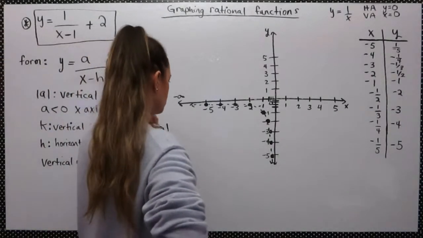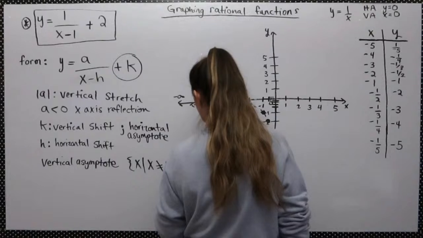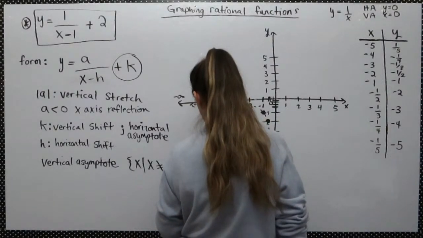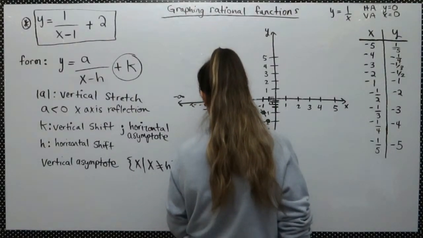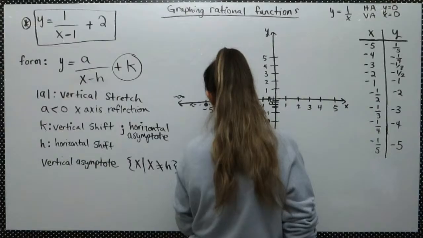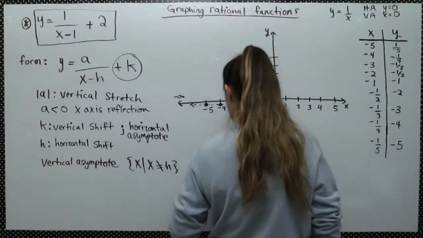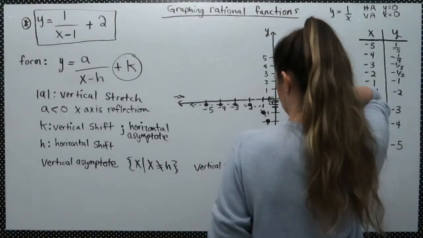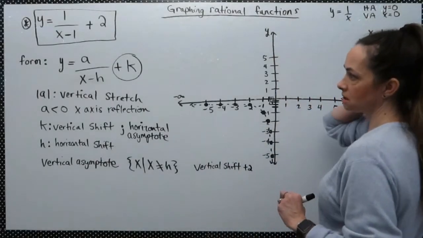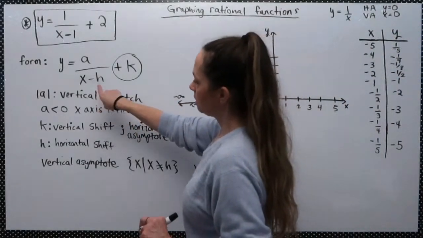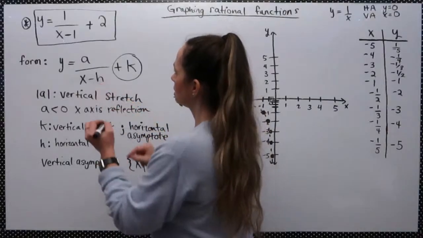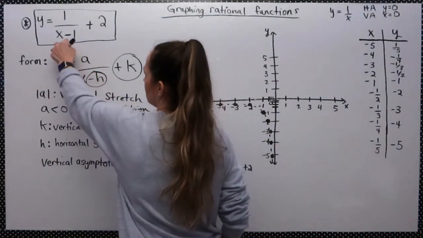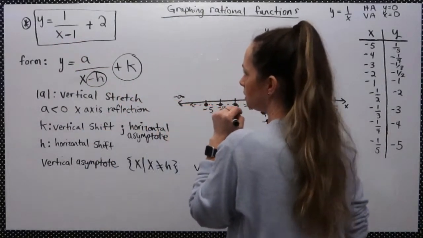So where are we going to put this? We'll put it here. So we got a vertical shift of +2. And it's saying I have a horizontal shift here. The H is -1.